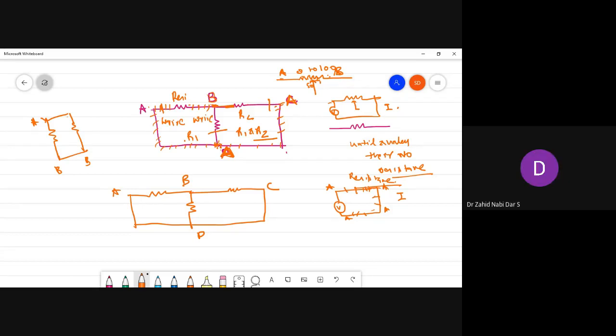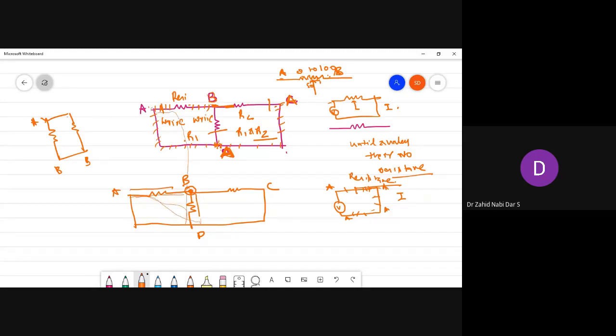So you need not worry about what they are teaching in the book. See, in the book, it becomes very difficult to identify. This point becomes B, and you cannot make sure whether AB and BD are in parallel. In this circuit it looks as if AB and BD are in parallel because they are connected.